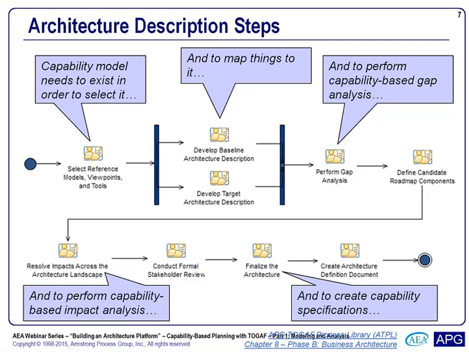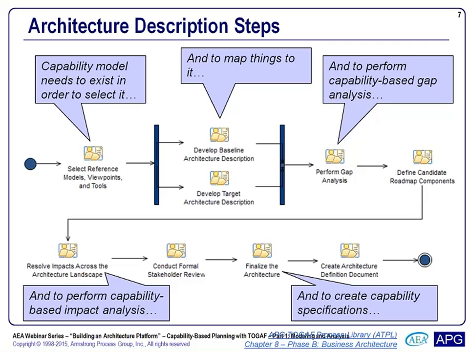And then when we move on to resolving the impacts across the architecture landscape, one of the best ways to do that from a portfolio perspective is to have the ability to look at all bodies of work that are currently underway or are planned or almost finished through, again, a capability model.